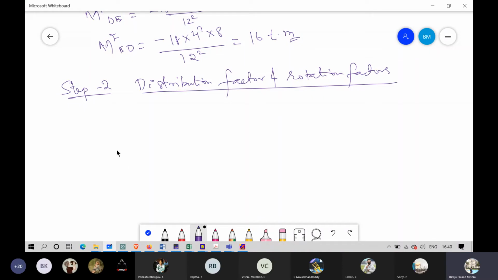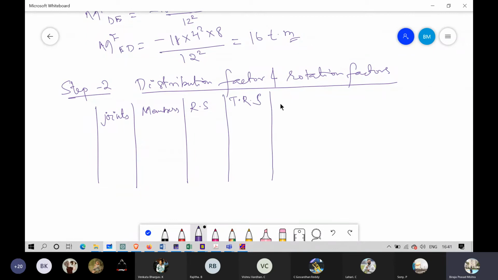Okay, so the first one will be joints, then we have members, then relative stiffness, then total relative stiffness, then distribution factors, then rotation factors. Am I correct?